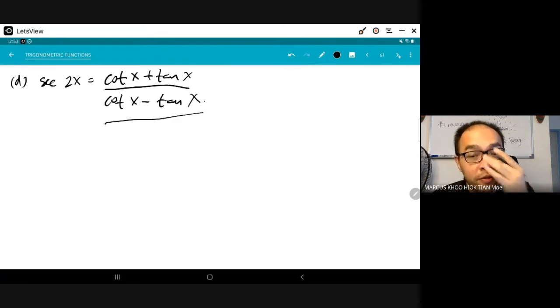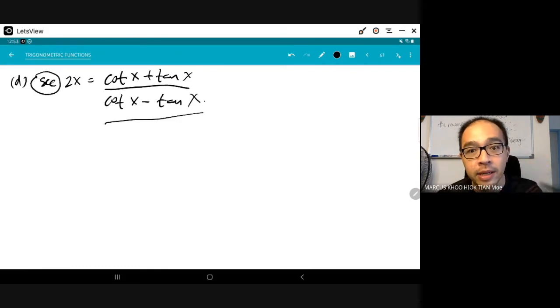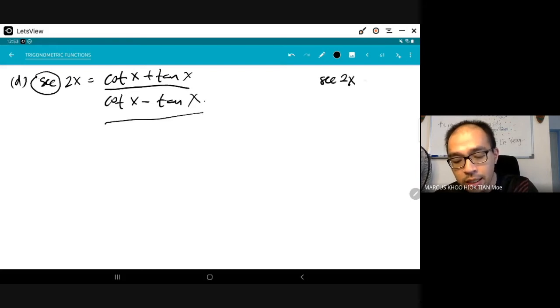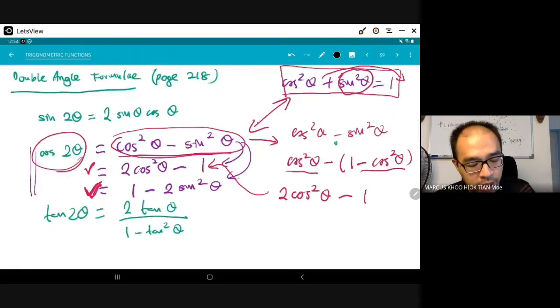But we have to remember that for secant, although the angle has been doubled, the rules are still the same. Secant 2x equals 1 over cos 2x. And as you have seen just now, there are 3 versions of cos 2x.